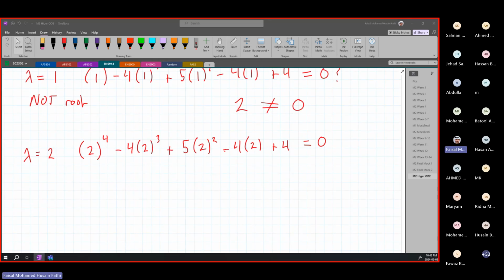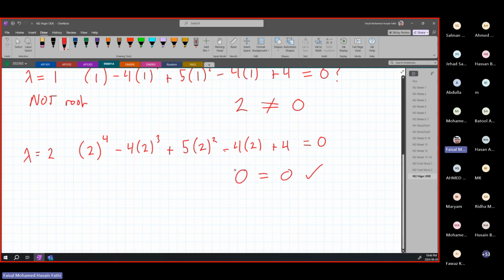So 2 to the power of 4 minus 4 times 2 to the power of 3 plus 5 into 2 to the power of 2 minus 4 into 2 to the power of 1, which is just 2, plus 4. This is actually a root. We get 0 equals 0. So this is a root.